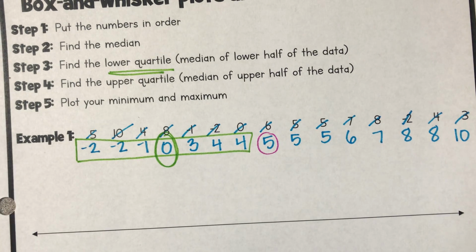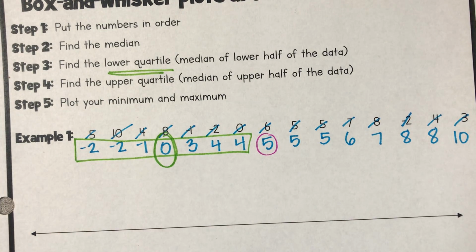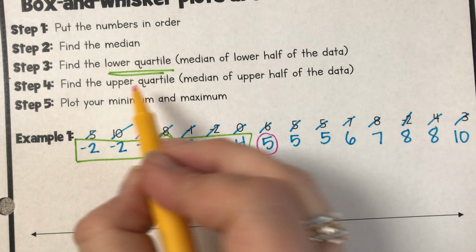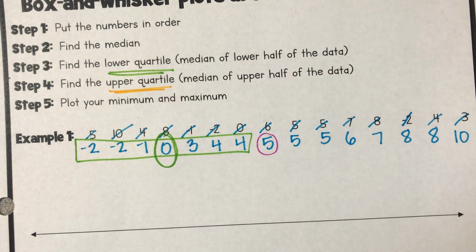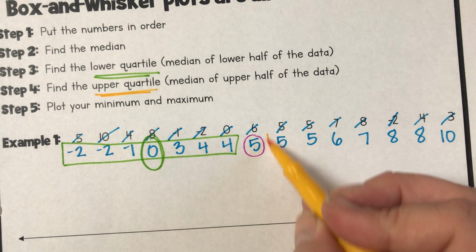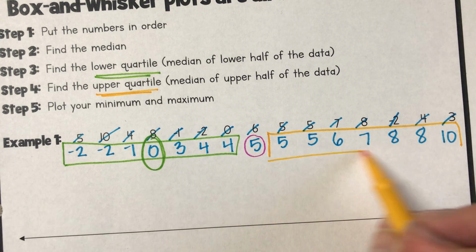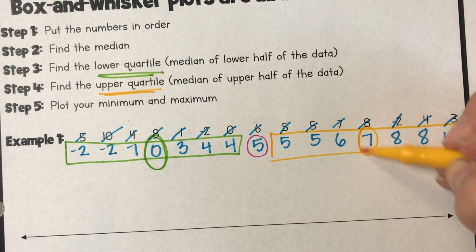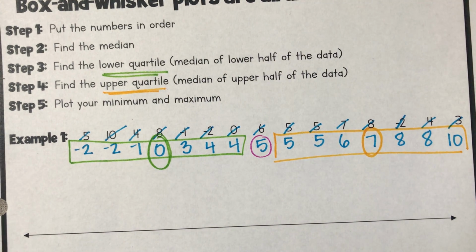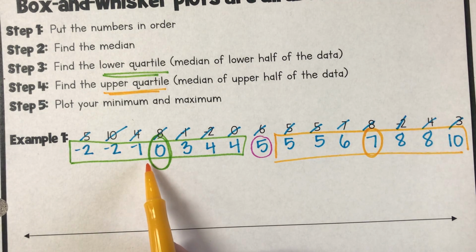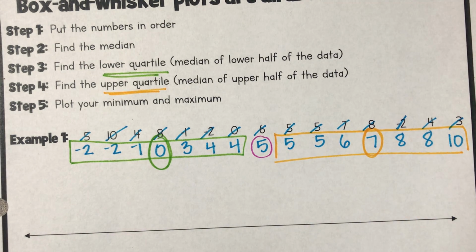If there's 7 people standing in a row, is someone going to be in the middle? Yes, right, because there's an odd number. Then the upper quartile is finding the median of the upper half of the data. So I have these 7 numbers, and 1, 2, 3, the 7 is going to be my middle. So I found the median of the lower half, and I found the median of the upper half.